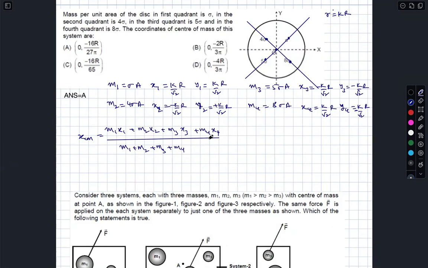Trust me, in numerator and denominator, A gets cancelled. K by root 2 is a constant. Masses sigma A, 4 sigma A, 5 sigma A, 8 sigma A, total 18 sigma A in the denominator. In the numerator, I'll take K by root 2 R common.